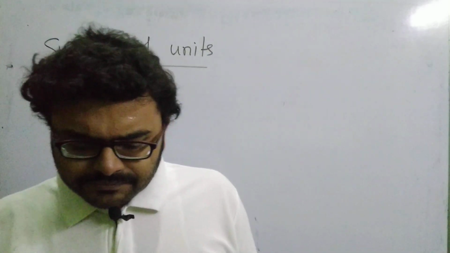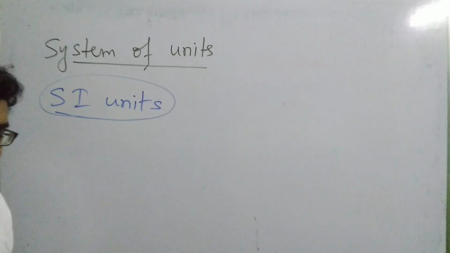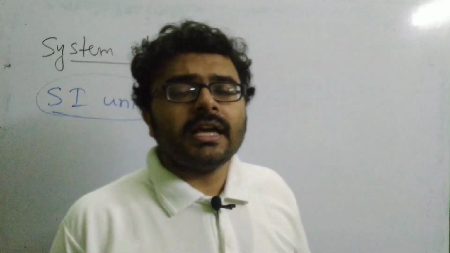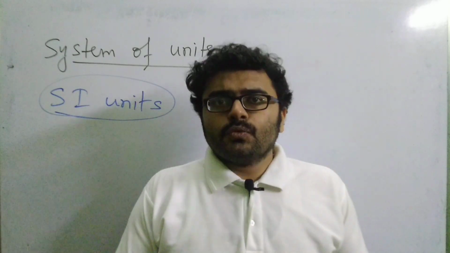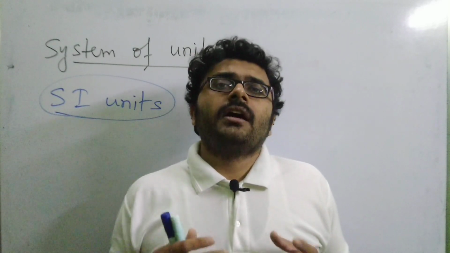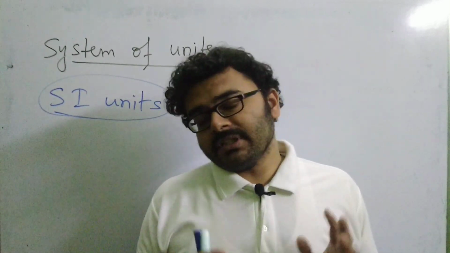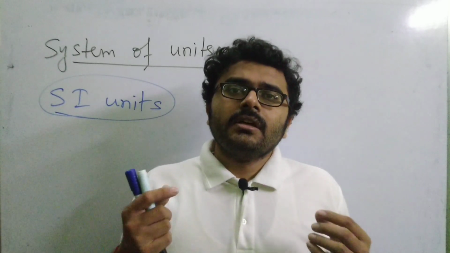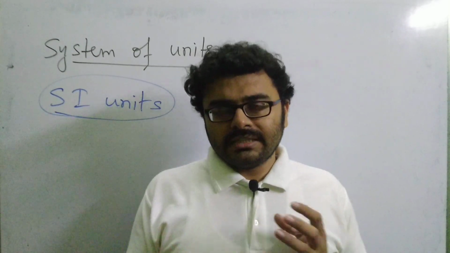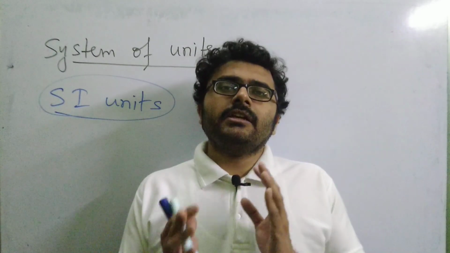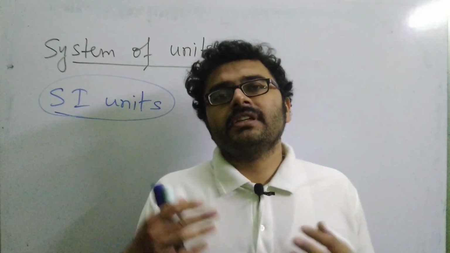Okay, so as we discussed in the previous class, there is a certain fixed number of fundamental physical quantities. And I think you remember, there are 7 plus 2. Seven are the fundamental physical quantities, and along with that, the other 2 are the supplementary fundamental physical quantities. Now, if you know the SI units of these 7 plus 2, that is 9, fundamental physical quantities, you can definitely get the SI unit of all the other derived physical quantities.